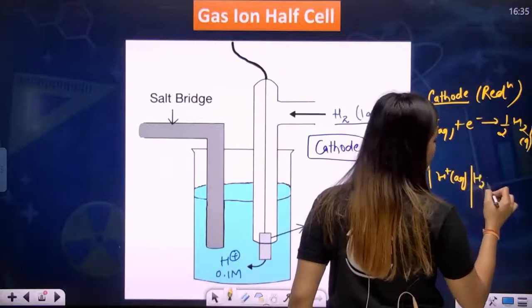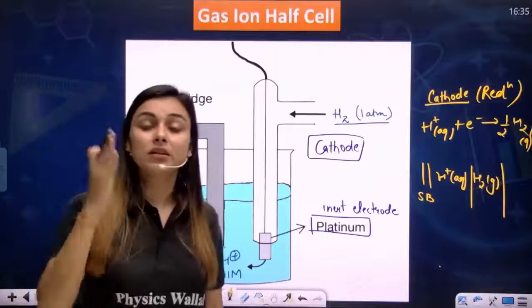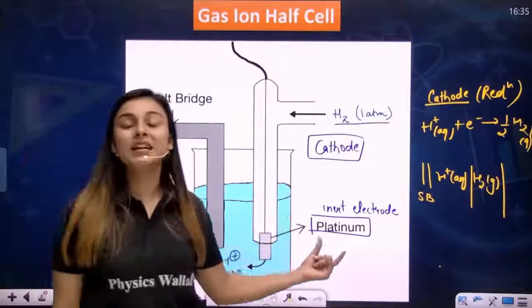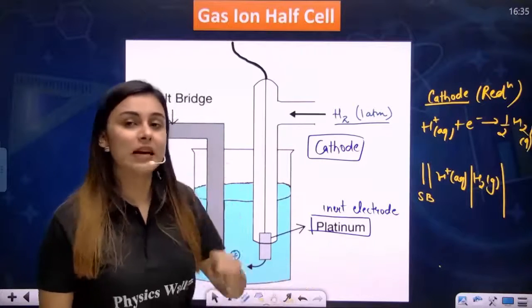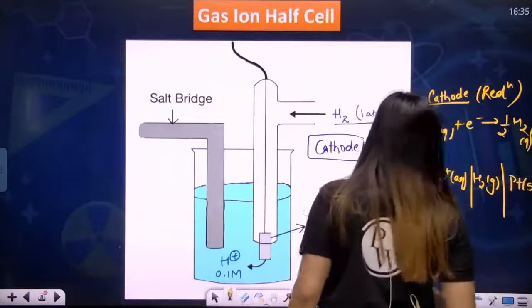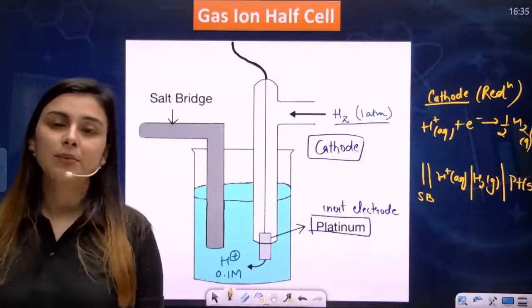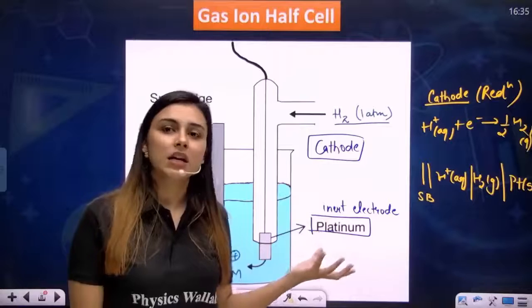But my dear students, at the end you need to write the solid state, and now you have only your platinum electrode in the solid state. You don't have the metal in the solid state. So at the end you will write platinum solid. So this is the representation of a cathodic half cell reaction.